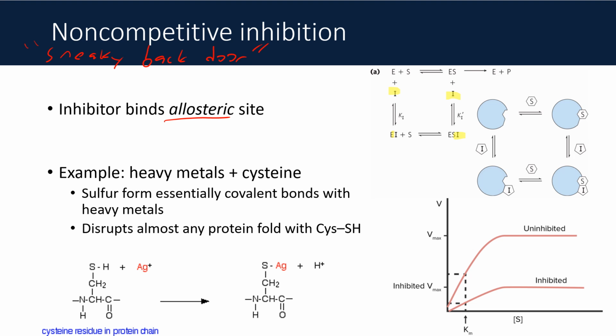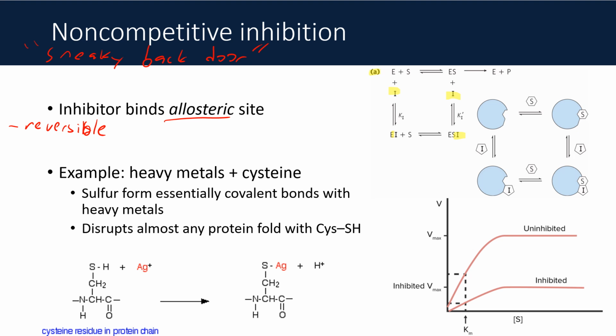It becomes useless temporarily, so long as the inhibitor is bound, and its binding is indeed reversible. You can see that here in this kinetic model, where non-competitive inhibitor I can reversibly associate with the enzyme and form an EI or an ESI that cannot react.